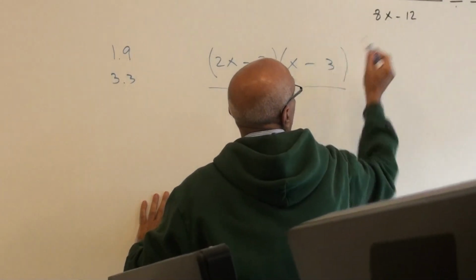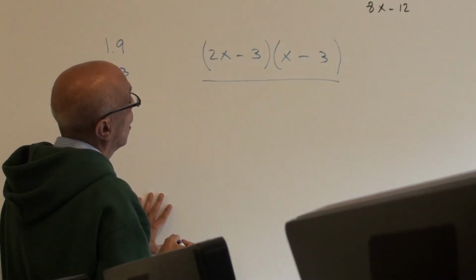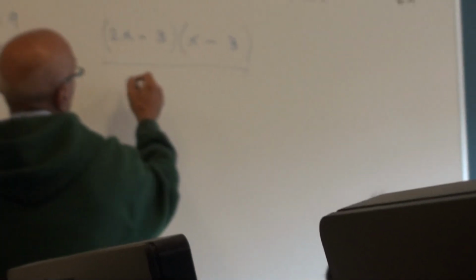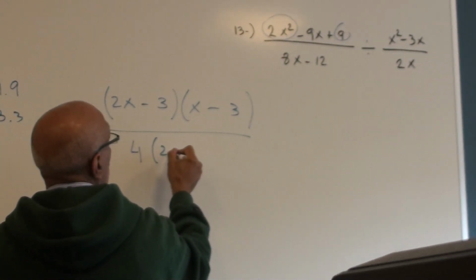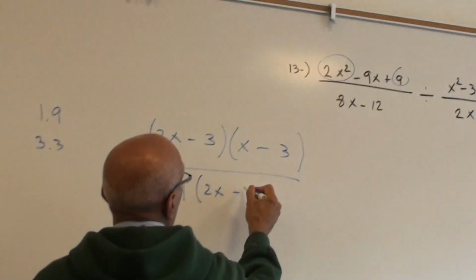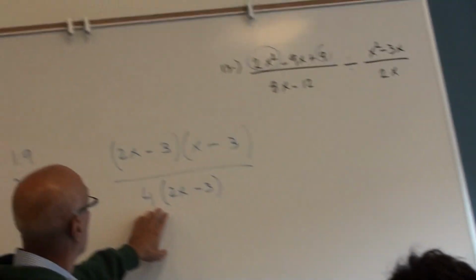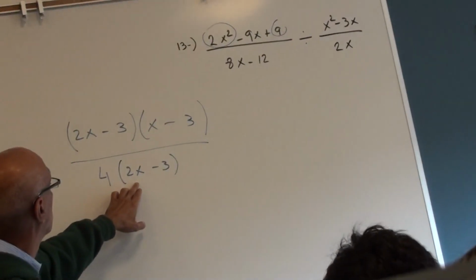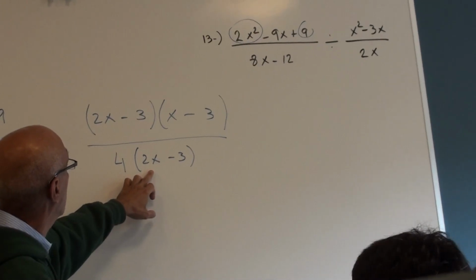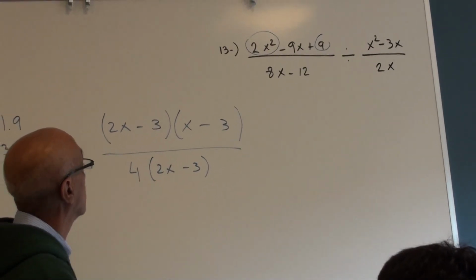So now here, can I factor anything here out? Let's see. If I take 4 out, I can have 2x minus 3. Let's see, is this correct? 4 times x, 8x minus 12, that's okay.